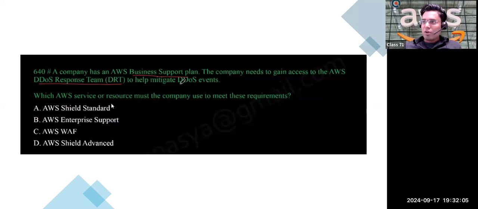Okay, now they are not talking about cost effective. As you know, Standard is normal and Advanced is expensive, but it gives you good features. Yeah, Christian, you are right. So D is the right one, Shield Advanced, because they are not talking about cost effective. Whenever an exam question talks about DDoS, then Shield and WAF, web application firewall.